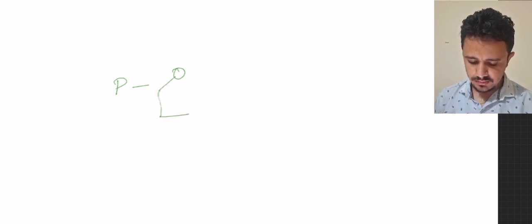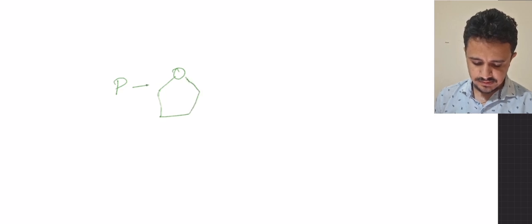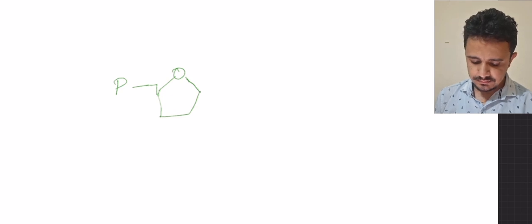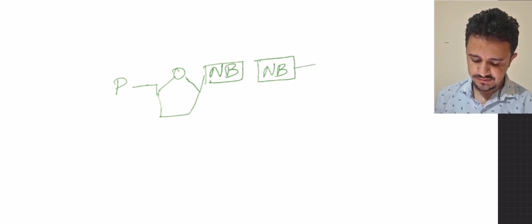This is my sugar group, this is my phosphate group, and this is my nitrogenous base, and I have one more nitrogenous base in the same way, attached to a sugar. Let me draw the sugar in the opposite orientation.